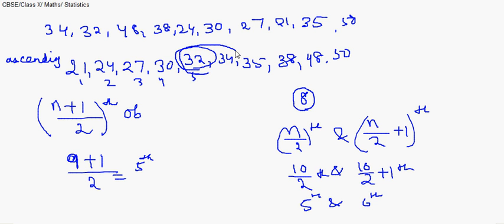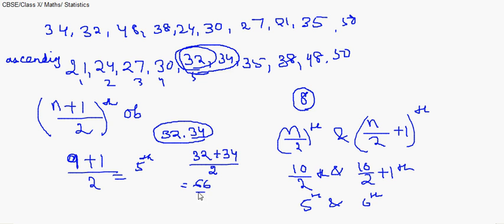So the 5th and 6th observations in the same question will now stand at 32 and 34. So finding the arithmetic mean of these two observations will be the median. I think we get 66 by 2, and that will be 33.